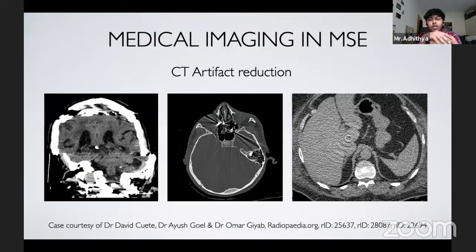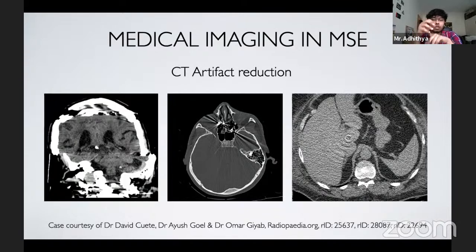And there are also other kinds of artifacts. For example, the one in the center is beam hardening, and there are also radiation spikes. This occurs due to either an energy difference in the radiation source, or whenever there's an implant in the body, it attenuates very highly because metals have a very high atomic number.